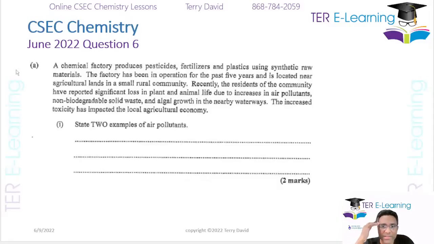Recently, the residents of the community have reported significant loss in plant and animal life due to increases in air pollutants, non-biodegradable solid waste, so that could be plastic they're talking about here, and algal growth in nearby waterways. The increased toxicity has impacted the local agricultural economy. State 2 examples of air pollutants. What did you all put for that? 2 examples of air pollutants.